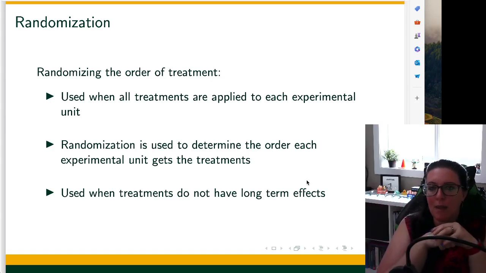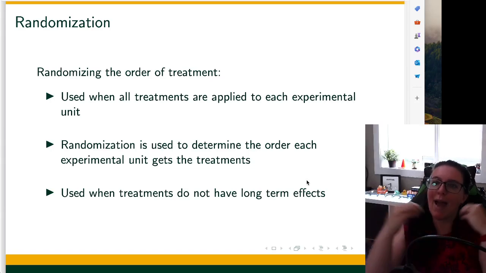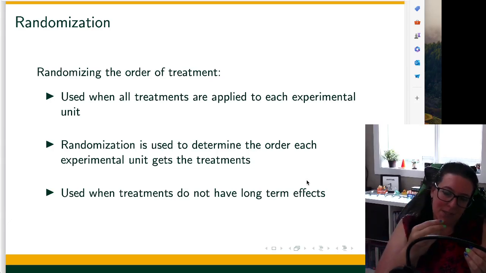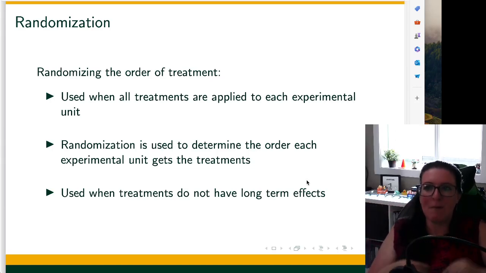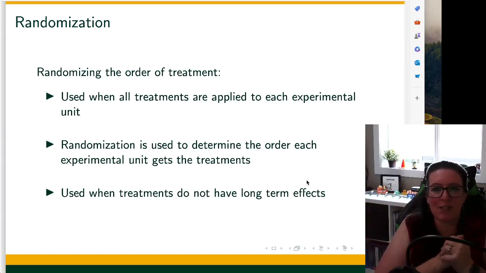For a period of time, they get the placebo. If you're going to use that approach, then you need to randomly choose who gets the treatment first versus the placebo, who gets the placebo second versus the treatment. So the order of the treatment versus the control also needs to be randomly determined.